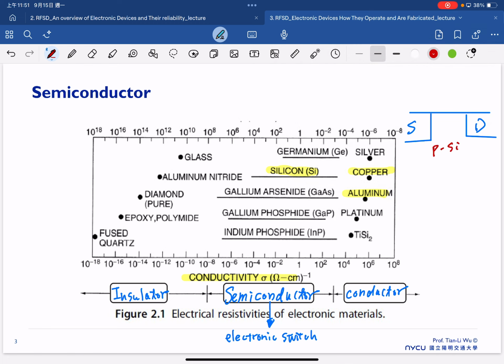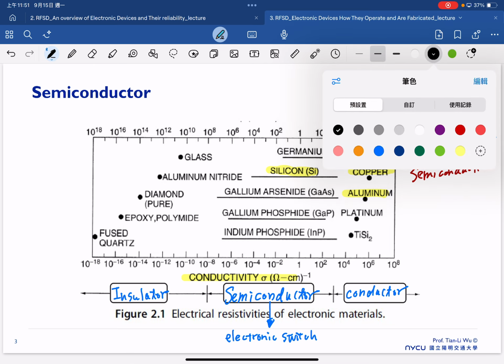In lots of cases, we have this as a raw material, and on top of this we have the dielectric, and then on top of this we have the metal.